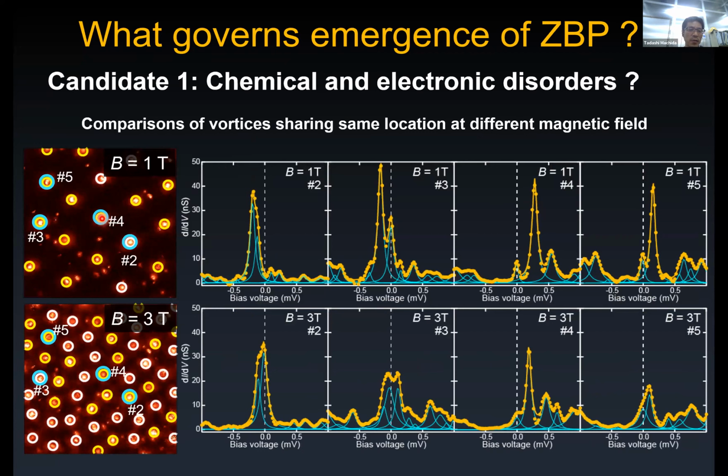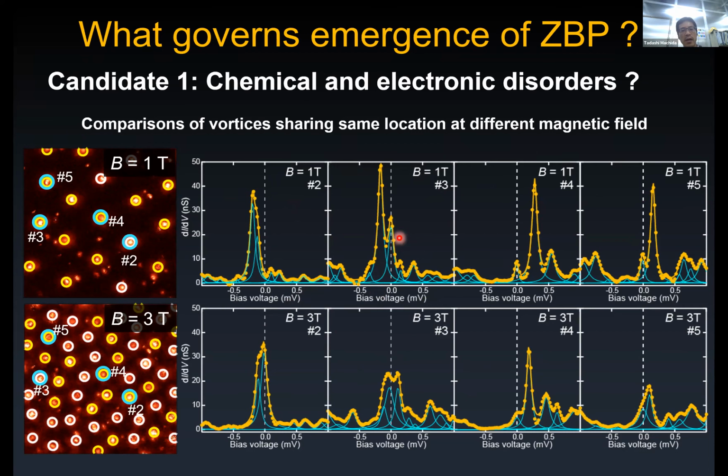So these four vortices marked by the light blue circles in these images are such vortices sharing the same location at 1 Tesla and 3 Tesla. For example, this vortex corresponds to this vortex corresponds to this vortex. And these are the corresponding tunneling spectra taken at 1 Tesla and 3 Tesla at these vortex cores.